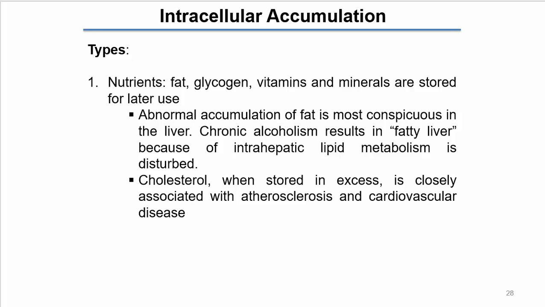But you can get vitamins, minerals. All these things are normally stored. If you get excessive storing, then they accumulate. It's called abnormal accumulation. So an example of this would be in chronic alcoholism. The hepatocytes don't metabolize lipids correctly. So the intrahepatic lipid metabolism is disturbed, and fat starts to accumulate in the liver cells, and we call that fatty liver.